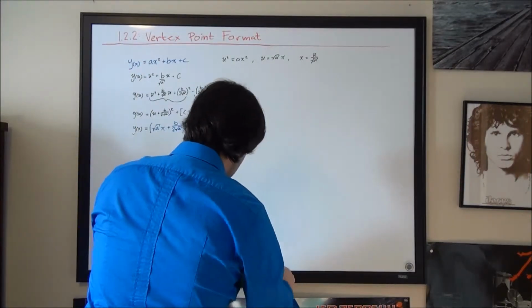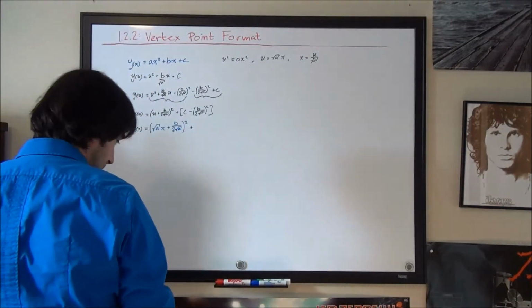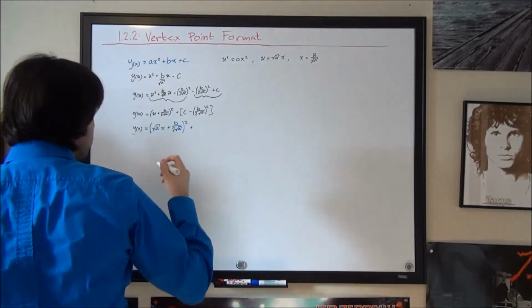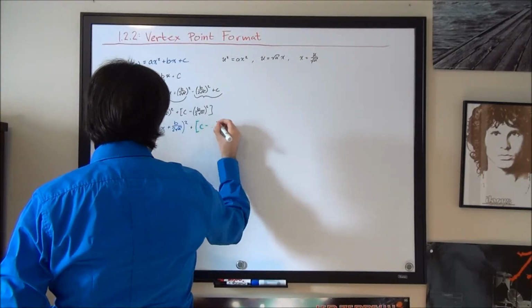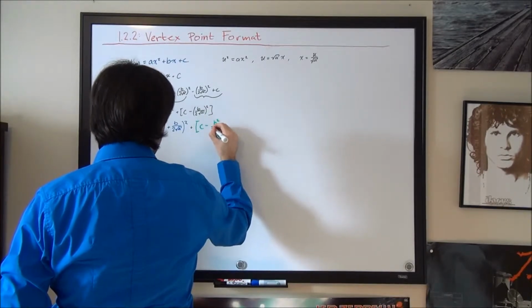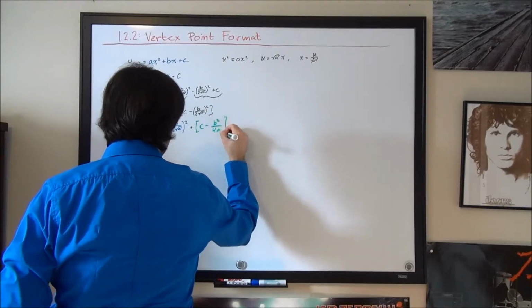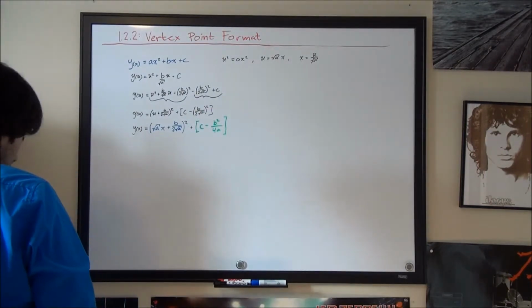And then I'm going to add to that the constant part, which I'll put in green. So I'm going to have c minus, I guess this will be b squared over 4a, when we bring the exponents out of the brackets there.